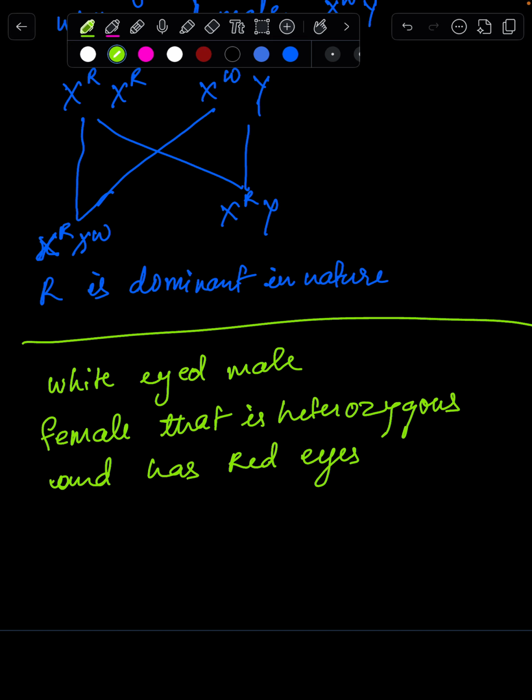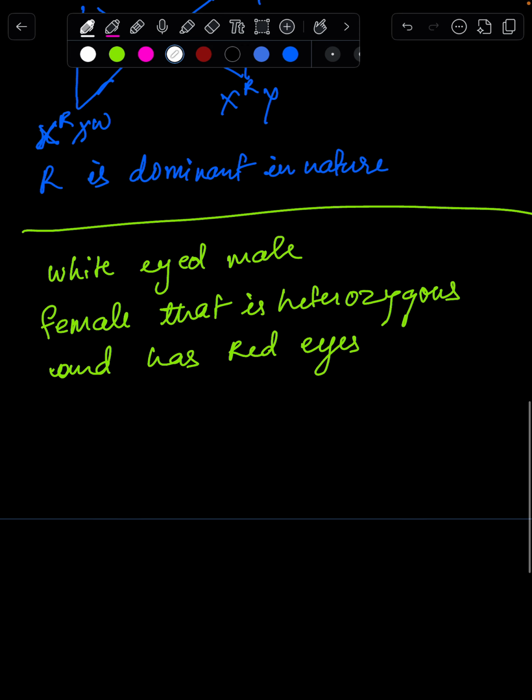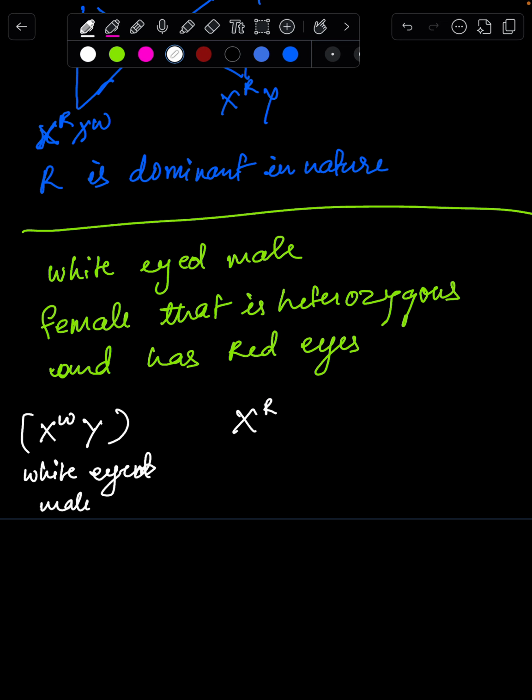Okay, so let's see how their chromosomes are going to look. For the white-eyed male we have X with the white eye allele and then a Y chromosome, and for the female we will have X with the red eye allele and X chromosome with the white eye allele.